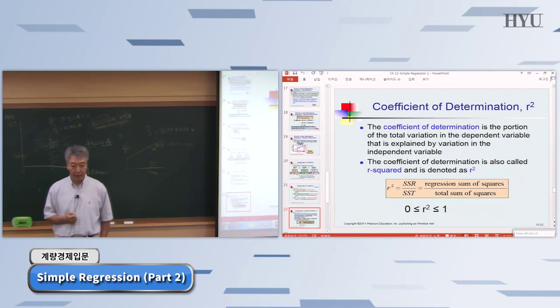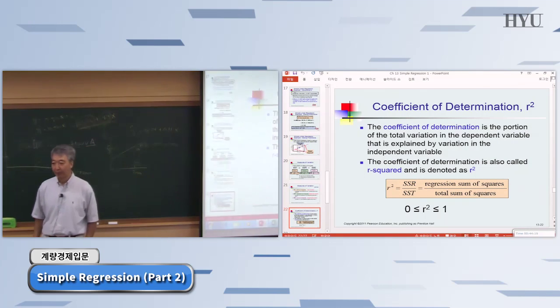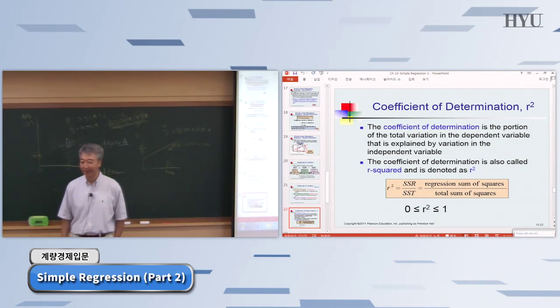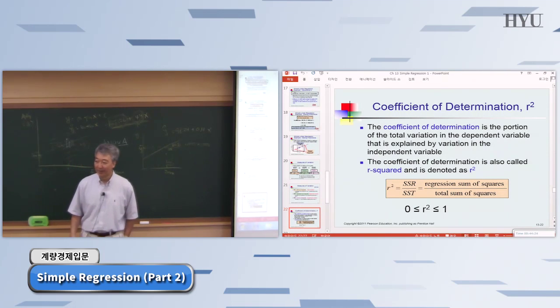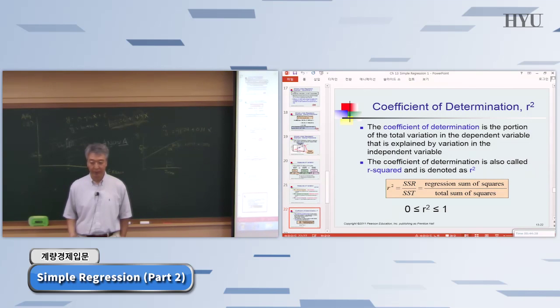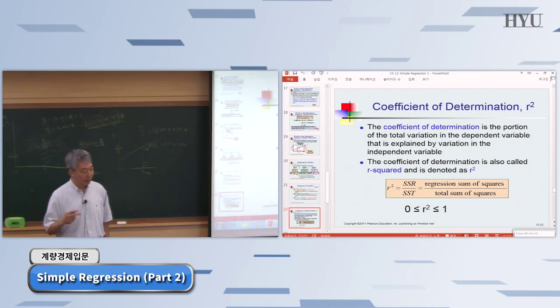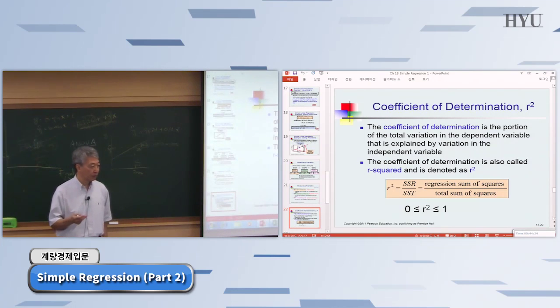But why do we call it R square? Because it is R squared. What is R? Correlation coefficient, right? When you have this X variable and Y variable, you can calculate R, the correlation coefficient, and if you square it, that's going to be R square.